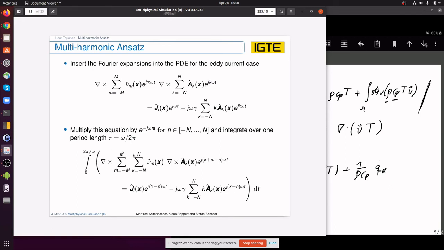So yeah, we're averaging the power over one period, and if we solve this, we have the power.